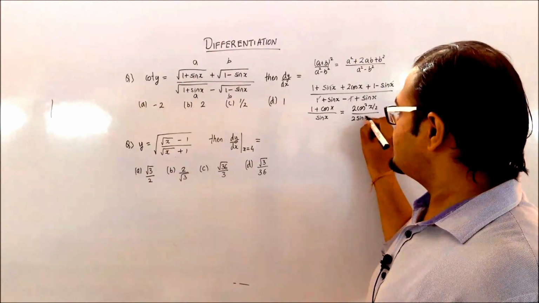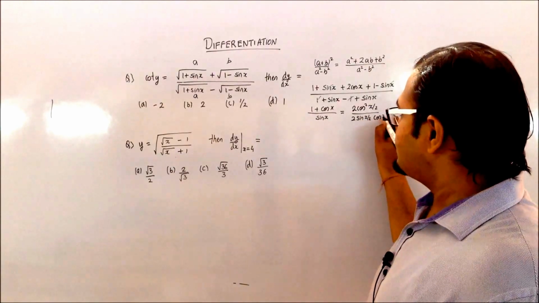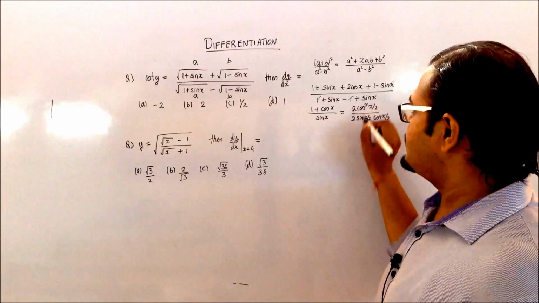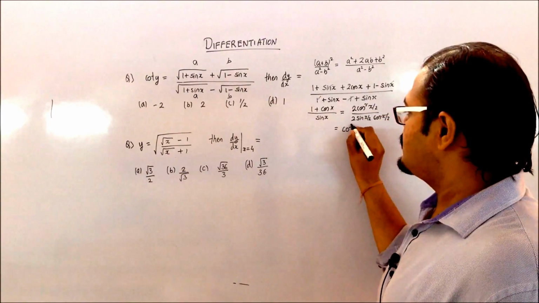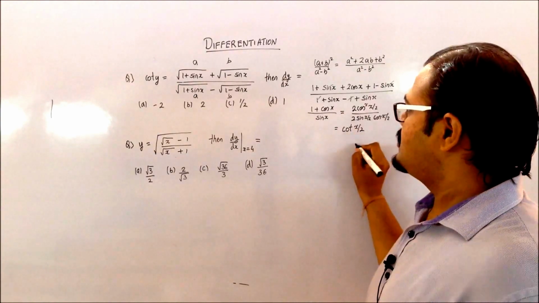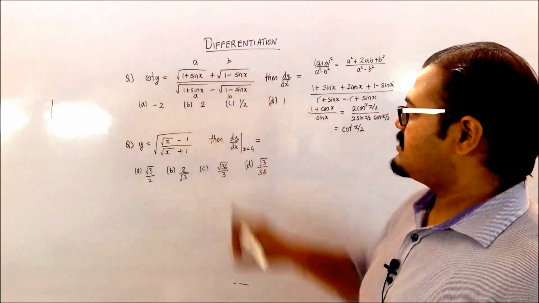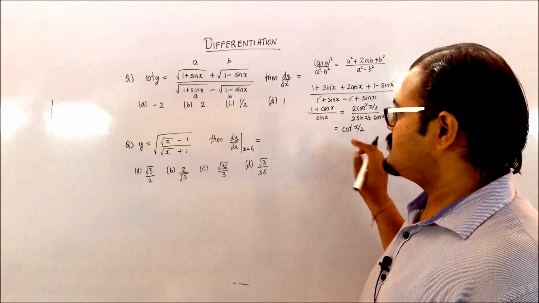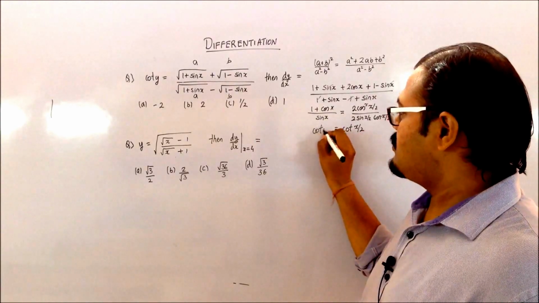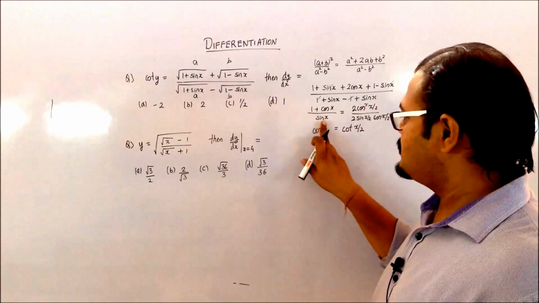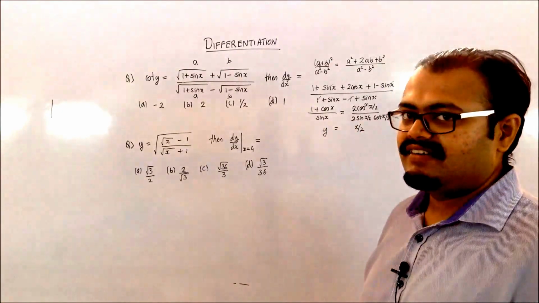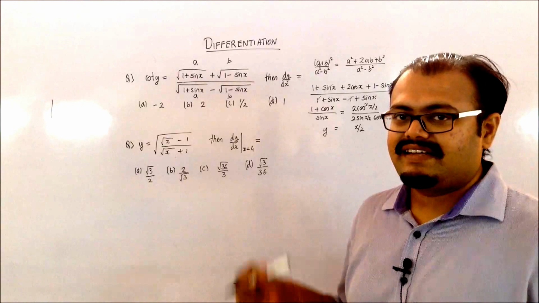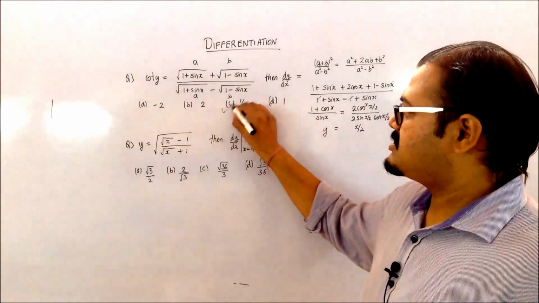So one of the cos gets cancelled, 2 gets cancelled, and you are left with cot of x by 2. So basically this particular equation has been reduced down to this. So you are having cot y is cot x by 2, so you will have y is x by 2, derivative of y with respect to x, I will get the value as 1 by 2, which is your C.